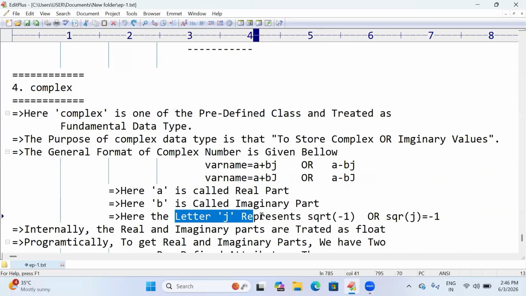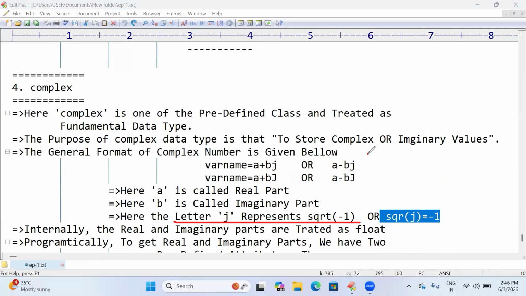Here, letter j represents the square root of minus 1, that is, sqrt(-1) = j. So if we observe this line, j represents the square root of minus 1.